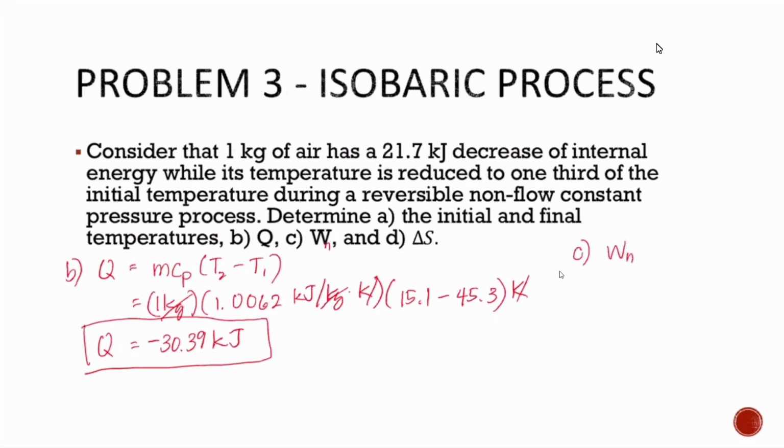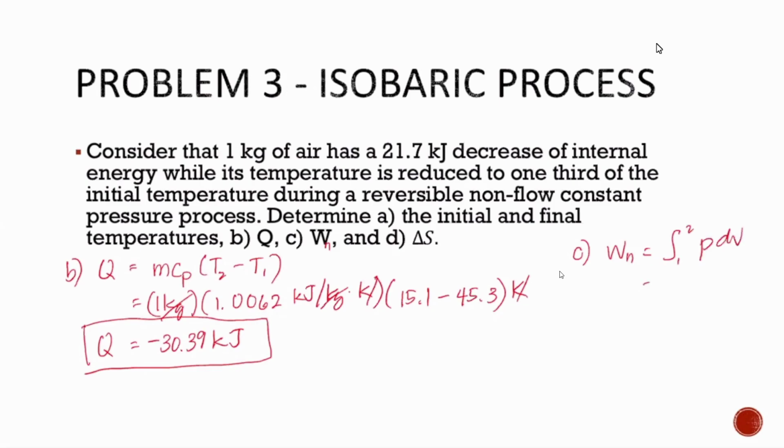For the non-flow work, integral of PdV is equal to... We are isobaric, constant pressure. So this is P times V2 minus V1. However, if you notice, no volume was mentioned here. But you are right, this is the formula we will use, integral from 1 to 2 of P dV.